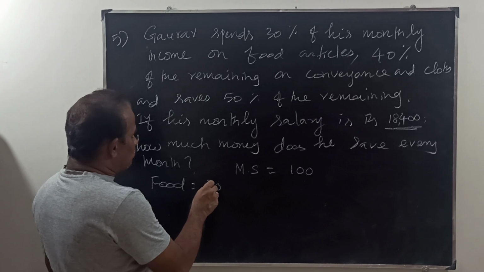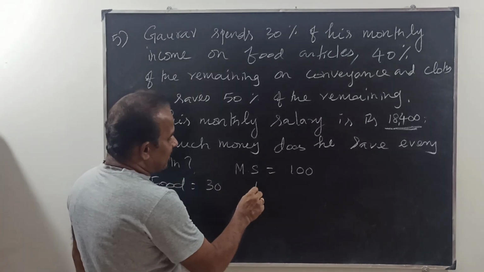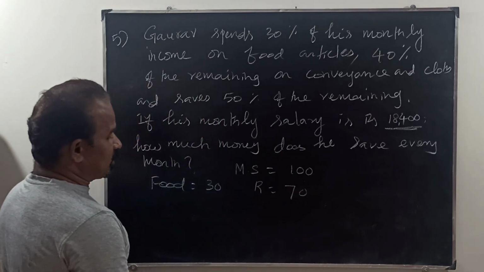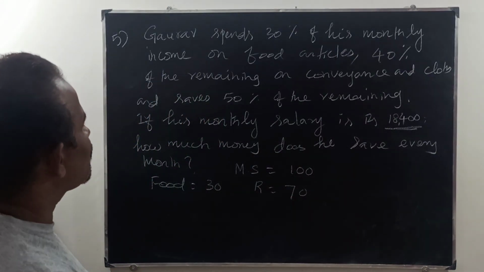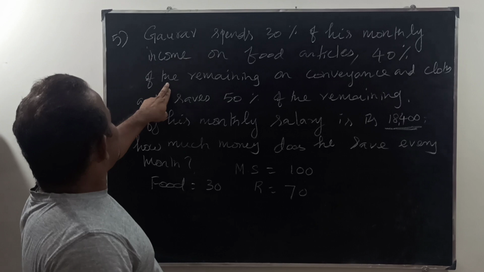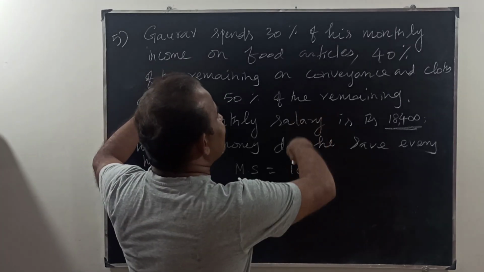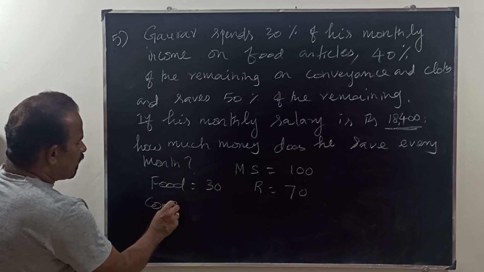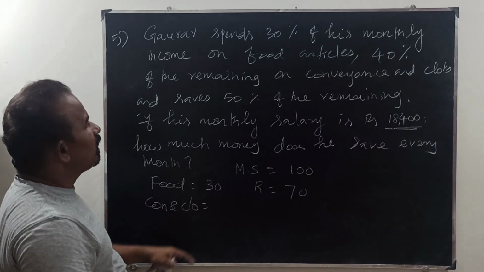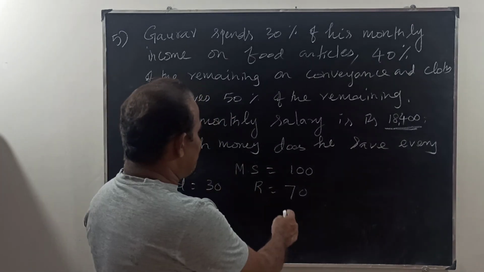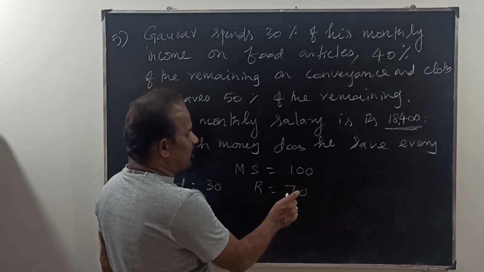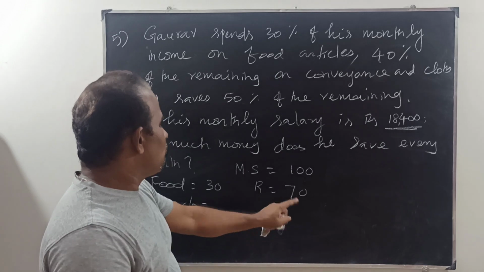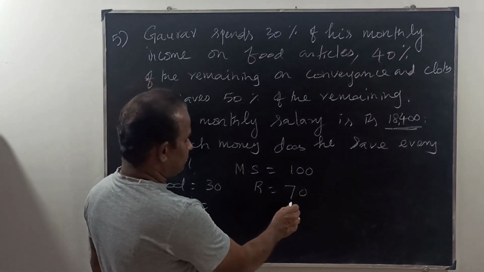After spending 30 rupees for food, the remaining is 70 rupees. 40% of the remaining on conveyance and clothes. Remaining is 70. I can calculate 40%. 10% is 7. 40% is 4 into 7, 28.